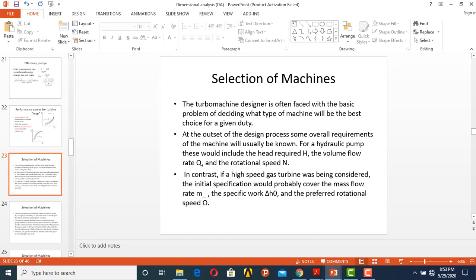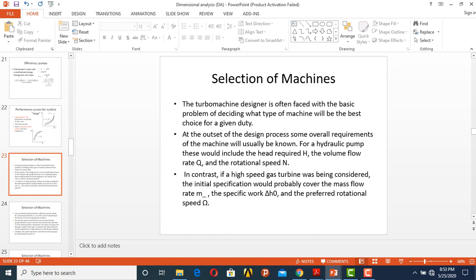In contrast, if you are working for an airline company, those which are involved in flying planes, they normally use gas turbines. So in such places, before we could go on buying or designing a new gas turbine, we want to know the duties for that turbine.